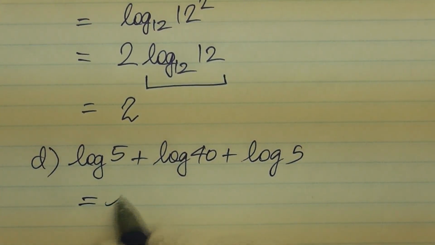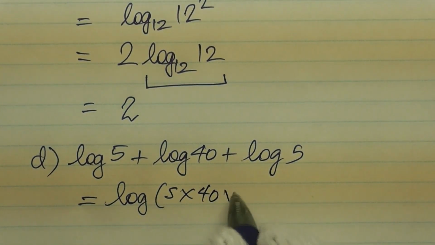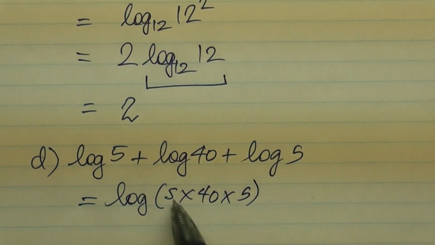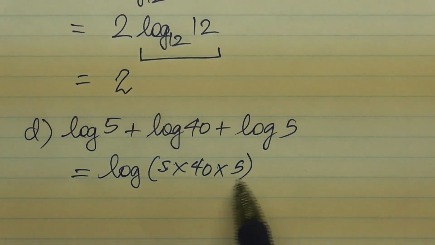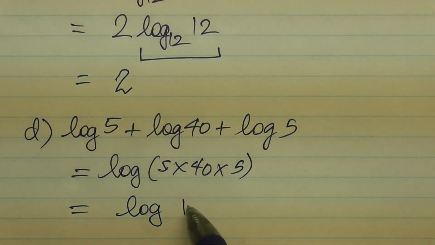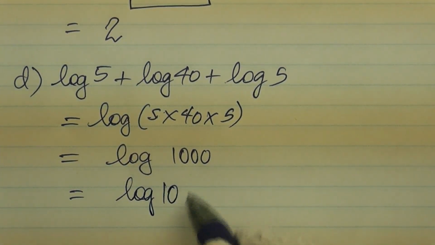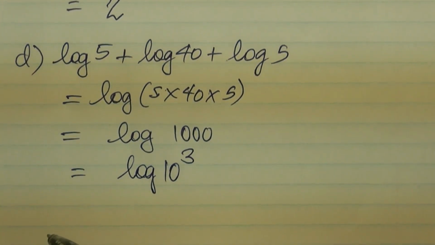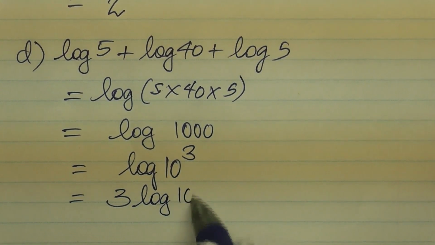So this is going to be the same as log of 5 times 40 times 5. 5 times 40 is 200. 200 times 5 is 1,000. So that's the same as the log of 1,000, which is the same as the log of 10 cubed, which becomes 3 times the common log of 10.